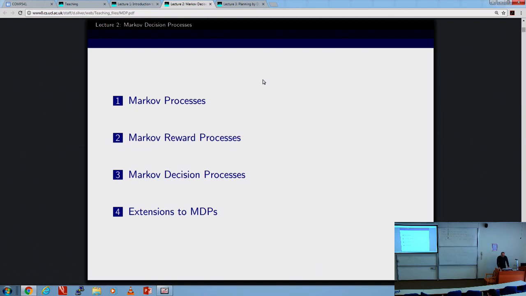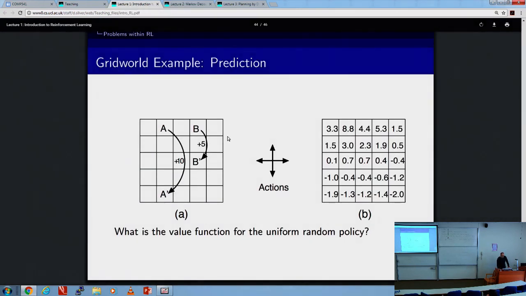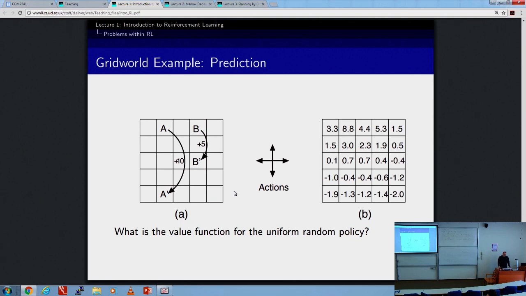Okay, so this type of game, when we represent it mathematically, is called a Markov decision process. A Markov decision process involves decisions, because the agent is deciding to act one way or another. It involves rewards.